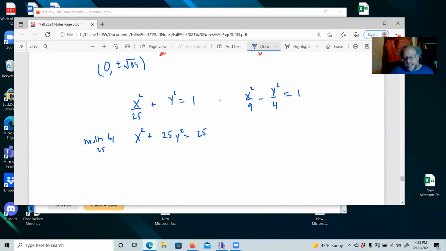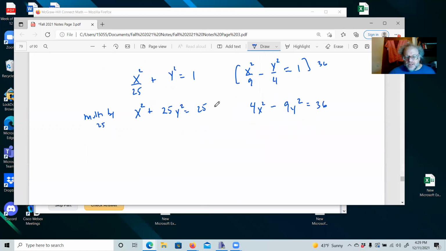That clears up the coefficient, giving x squared plus 25y squared is equal to 25. For the second, we're going to multiply by 36. So we get 4x squared, since 36 over 9 is 4, minus 9y squared is equal to 36.